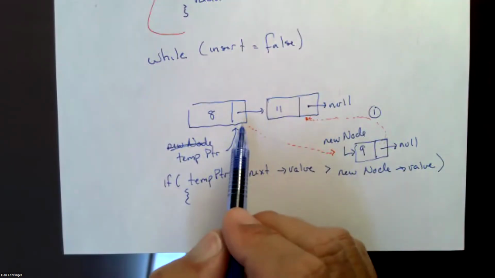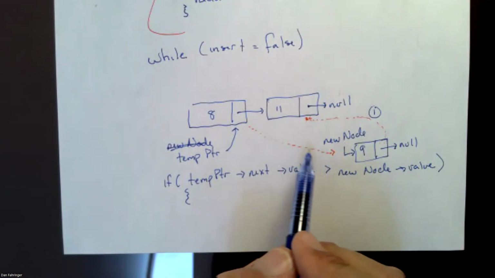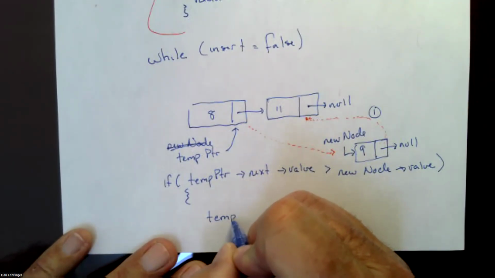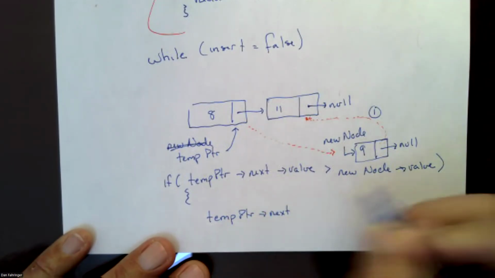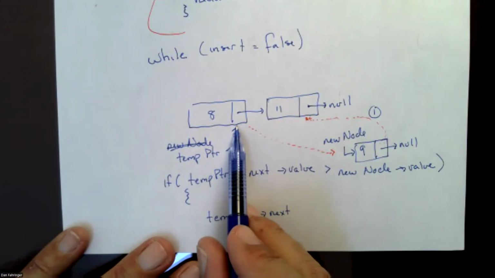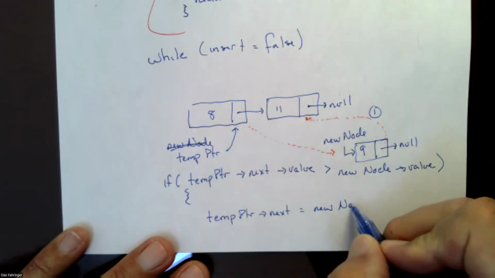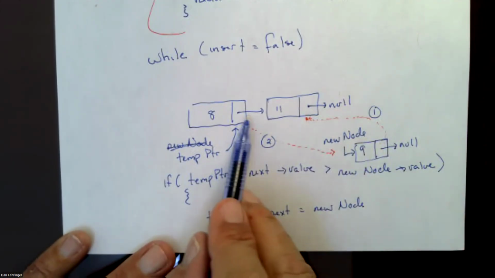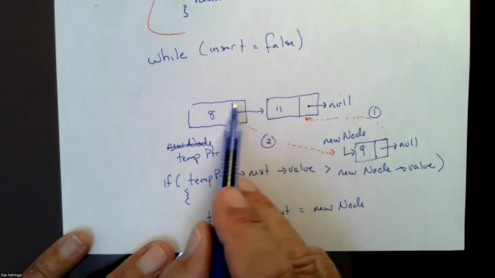Temp pointer's next gets the value of new node. That would ensure this line. But if I did that first, I just lost this.